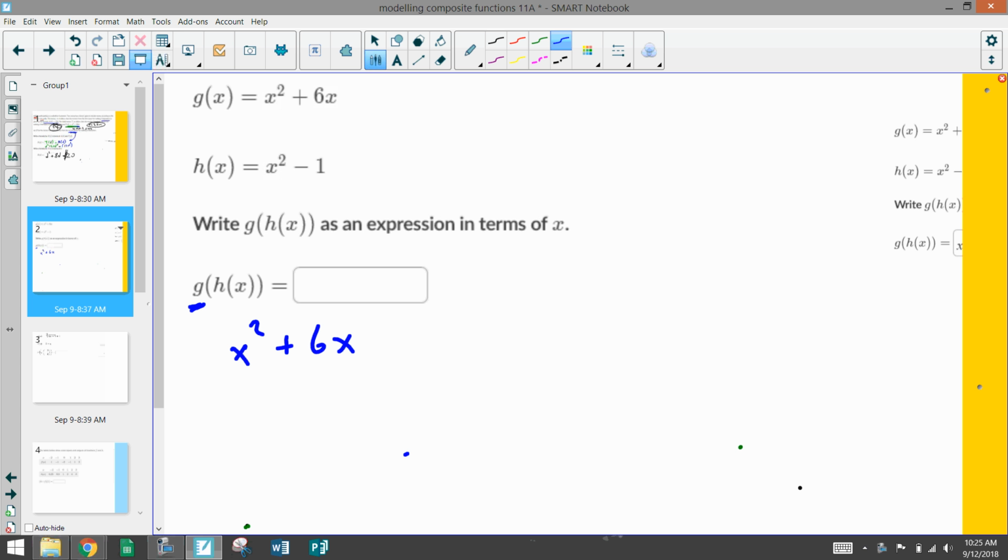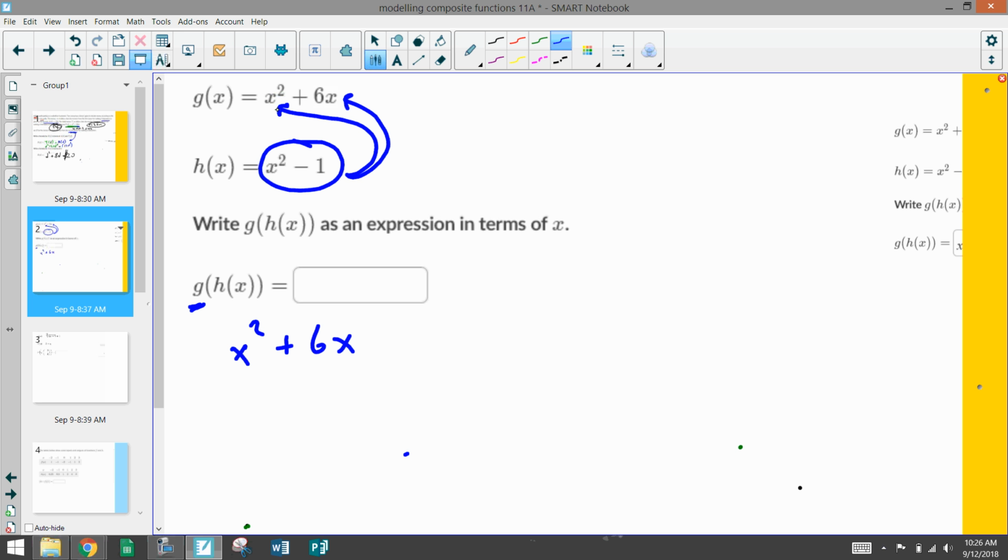All right? Now, whenever you see x here, you're going to plug in the second function, which is x squared minus 1. Because the reason is h of x is plugged in already here. That's why you're plugging in whenever you see x.